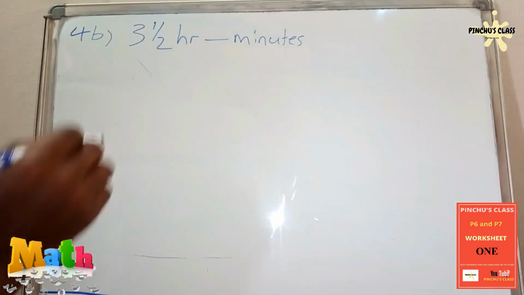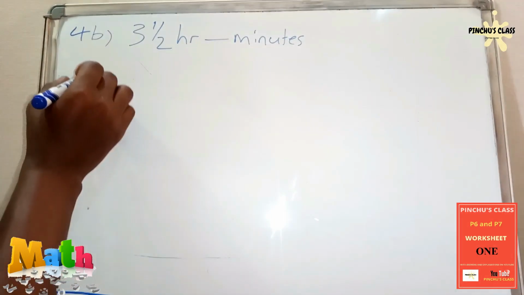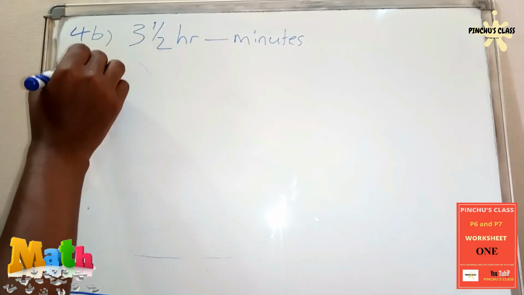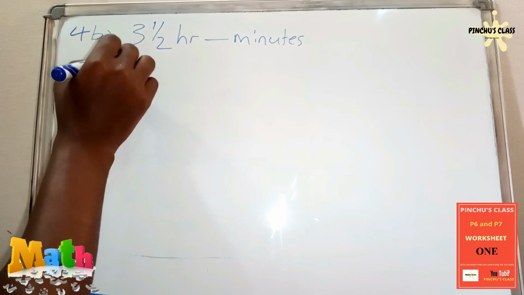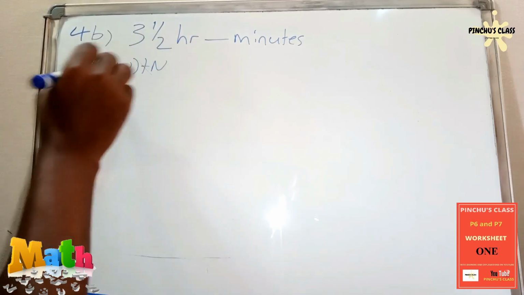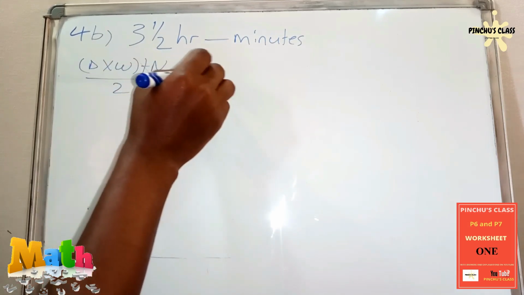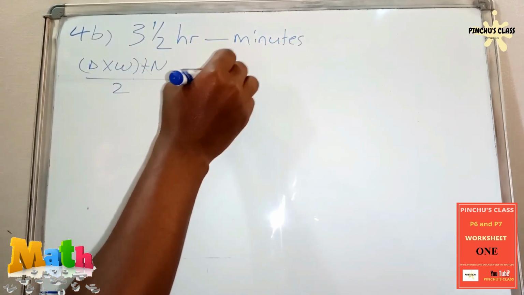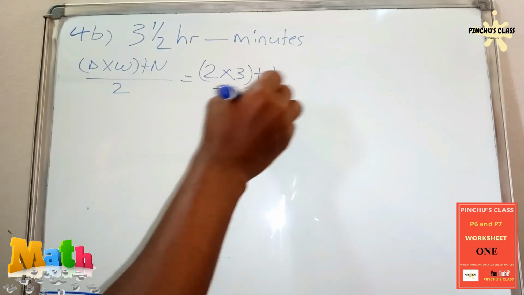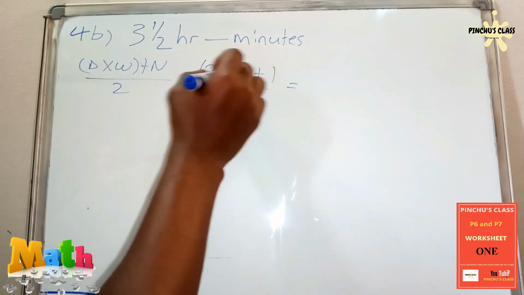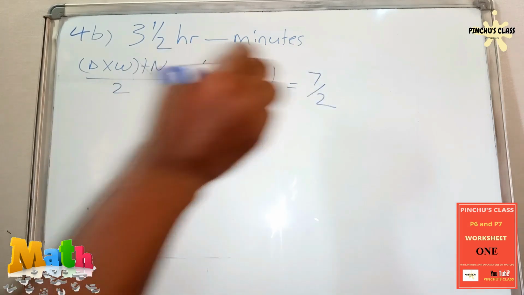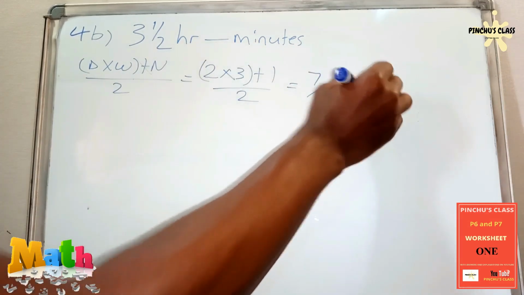I hope you know how to change from mixed to improper. We get denominator times whole number plus numerator, out of the denominator, which gives us 2 times 3 plus 1 out of 2, which is 6 plus 1, 7 out of 2. So now this is going to be ours.